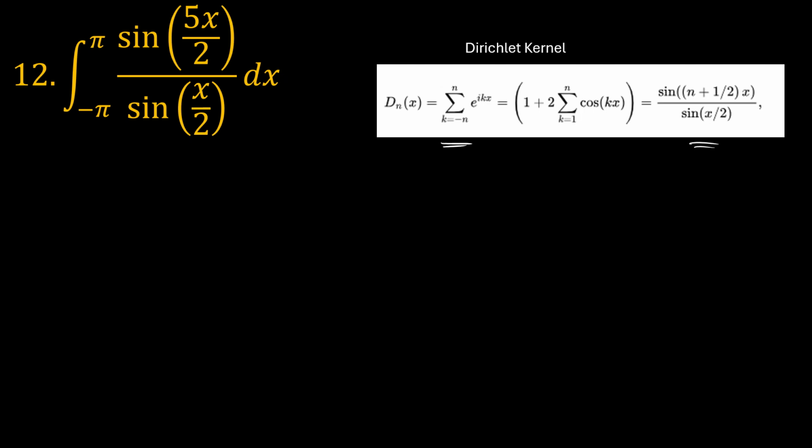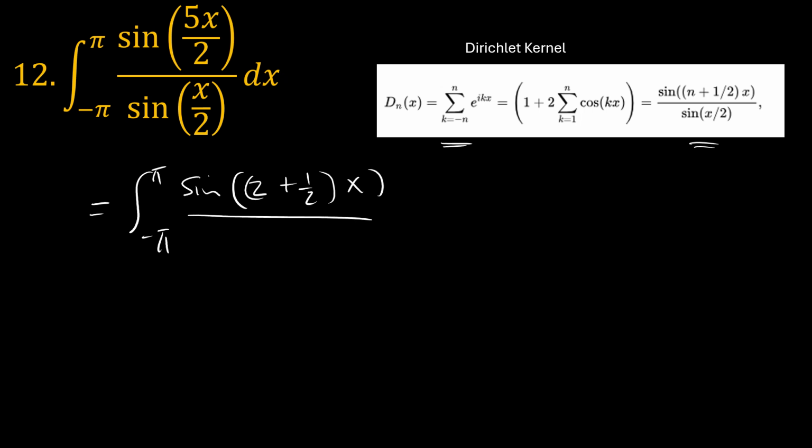And so what do we do now? Our n in this instance, we can express our integral from negative pi to pi of sine of, so 5 over 2 is the same as 4 plus 1 over 2, which is 2 plus a half, times x, over sine of x over 2.